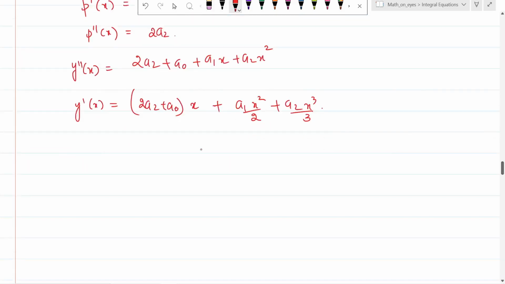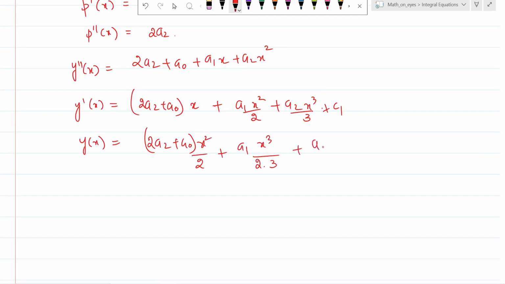Then for y of x we again take the integration. y of x is equal to 2a2 plus a naught the whole thing, plus c1 will be there, so we get x squared divided by 2, plus a1 x cube by, already we have a 2 here, and then this 3 again, plus a2 x power 4 divided by, already a 3 here and a 4 will come, plus c1x plus c2.